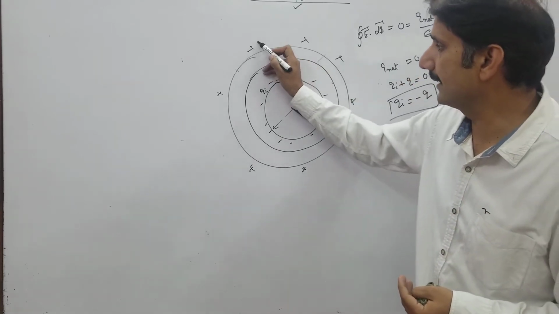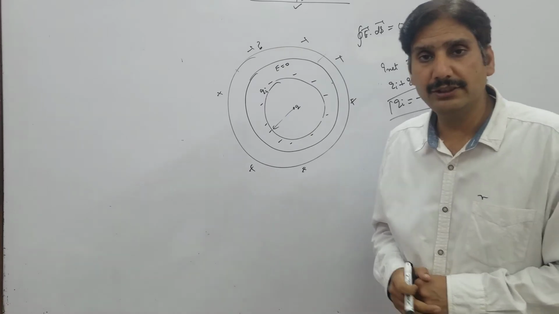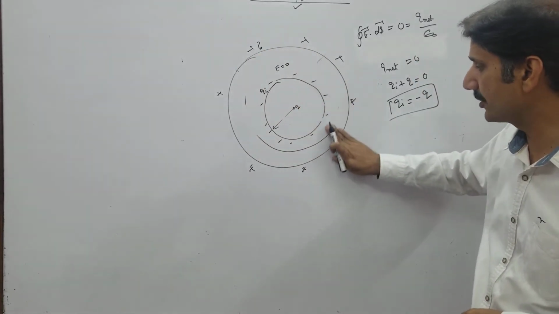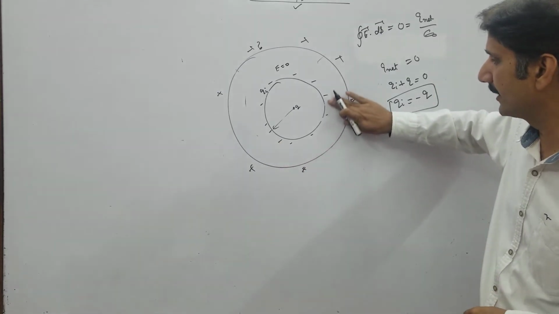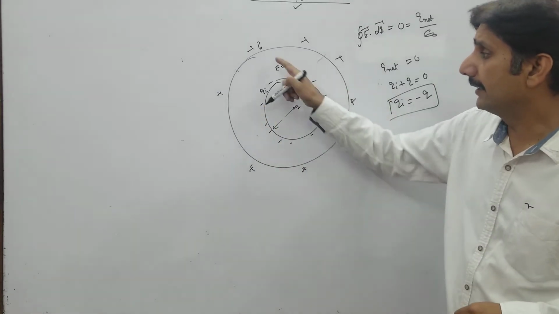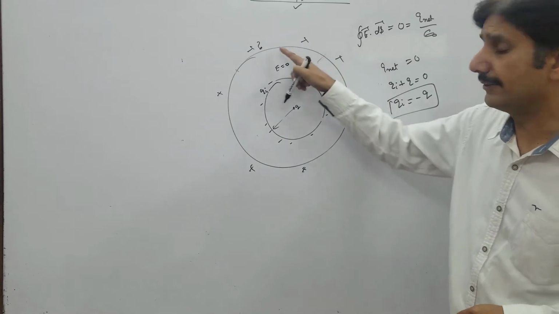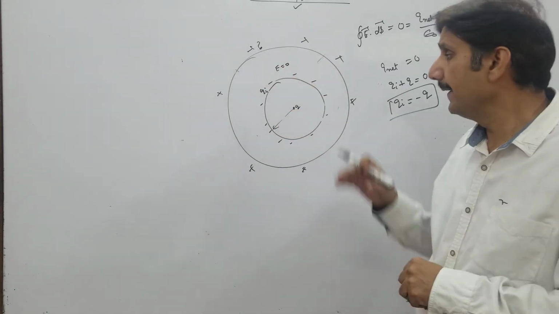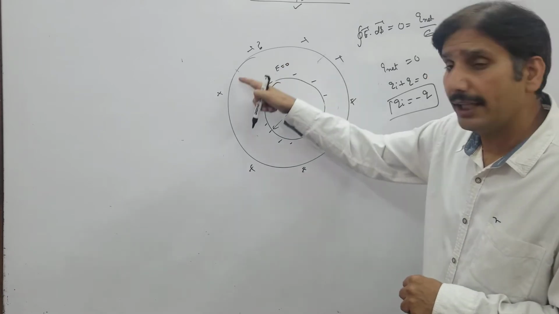What about this surface? Need not tell you that since it was overall neutral, now again I am removing the Gaussian surface just to make you understand. Now this is the overall hollow sphere, or you may say a sphere with a cavity inside it. Overall it was neutral.